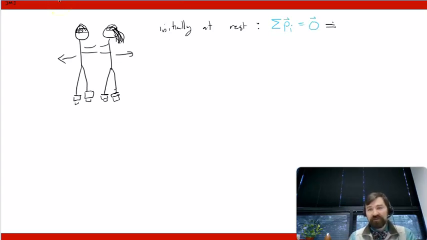Conservation of linear momentum implies that our final linear momentum must also be 0. So if we know the two masses, maybe this guy has m1 and this gal has m2, then m1 v1 final plus m2 v2 final must equal 0.